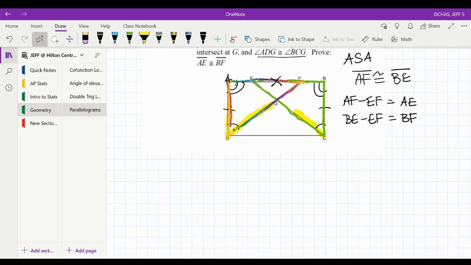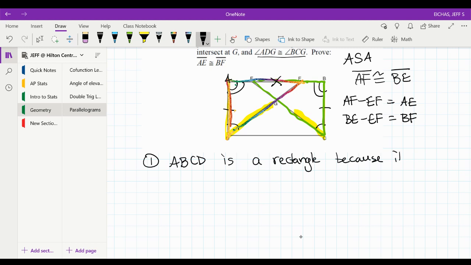So let's go through. First and foremost, even though it's given, I have to say ABCD is a rectangle. I'm going to write the statements, and I'm going to let you fill in the reasons as I say them, just to be a little bit faster with the video.